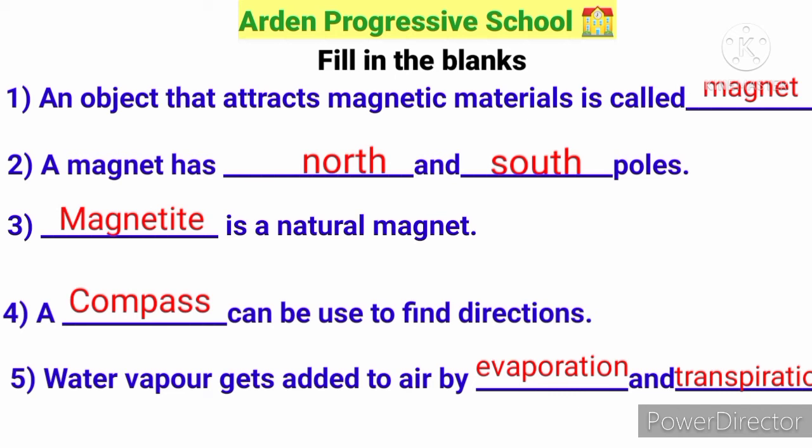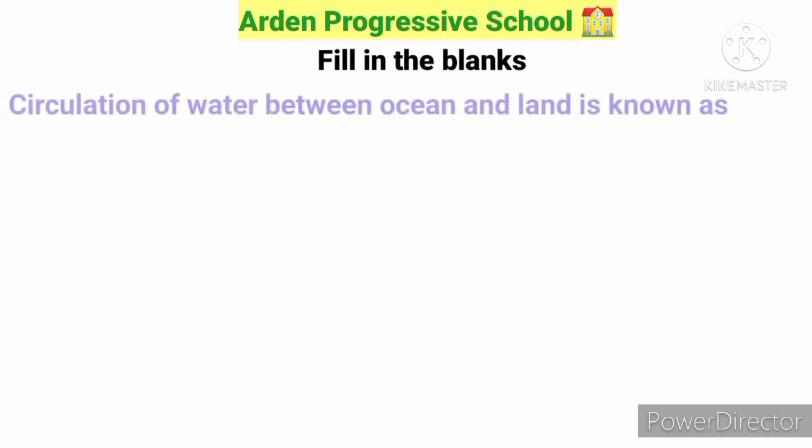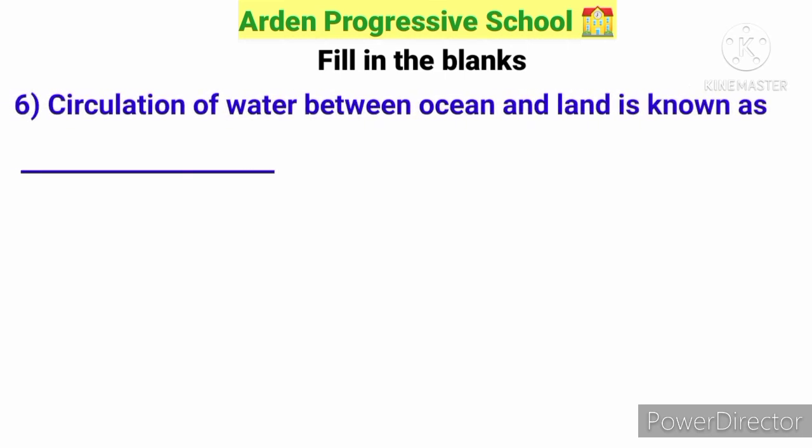So these are the answers to these questions. First is magnet, next is north and south, third is magnetite, fourth is compass, and fifth is evaporation and transpiration. Next: circulation of water between ocean and land is known as the water cycle.